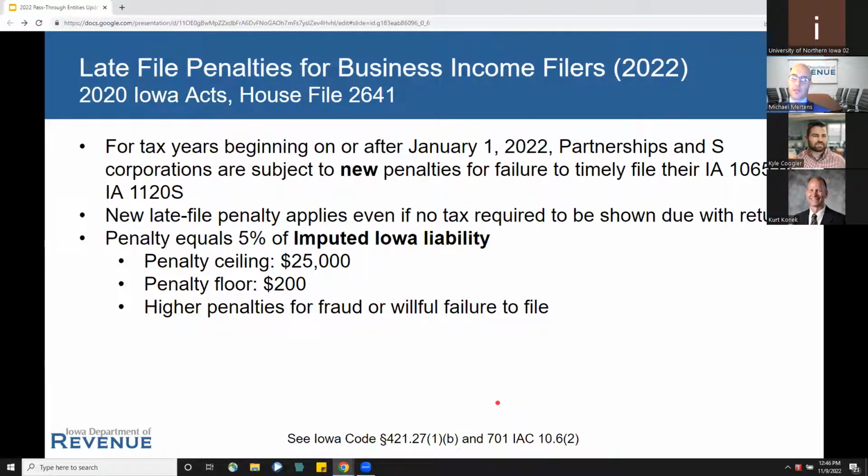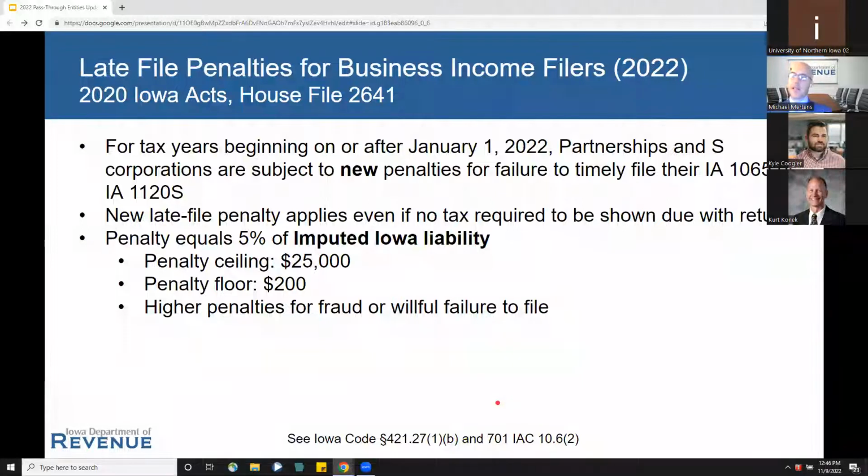Partnerships and S corporations use the individual rate, and then it multiplies that imputed tax by 5%. That gets you a 5% late file penalty, which is meant to mirror or replicate what the entity would owe in a late file penalty if it owed Iowa tax.